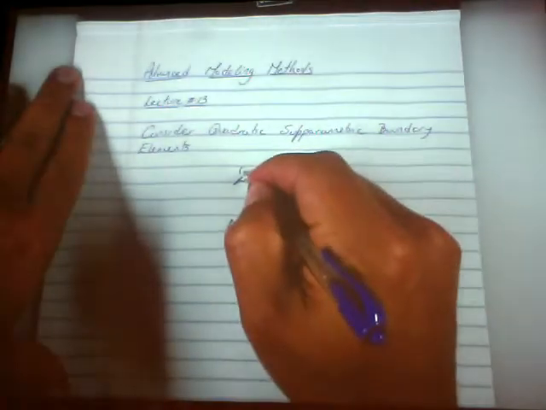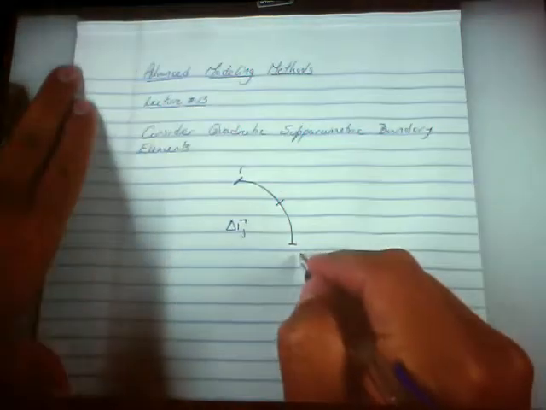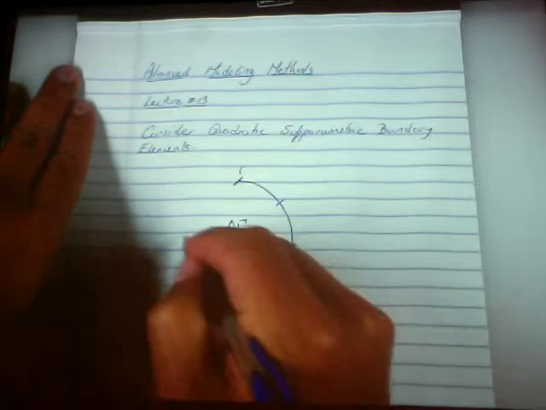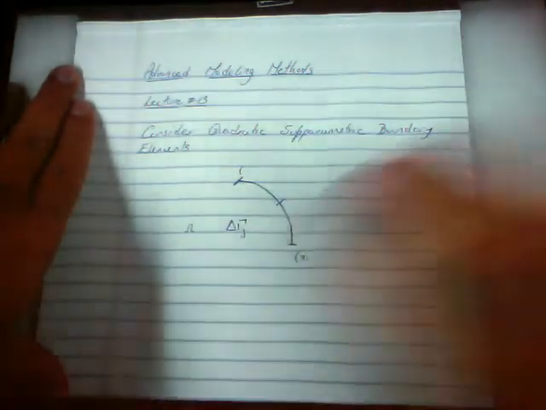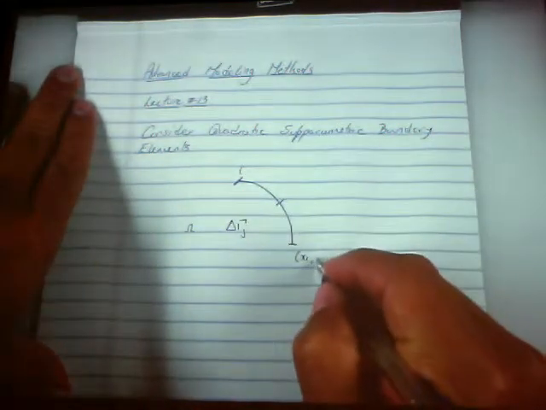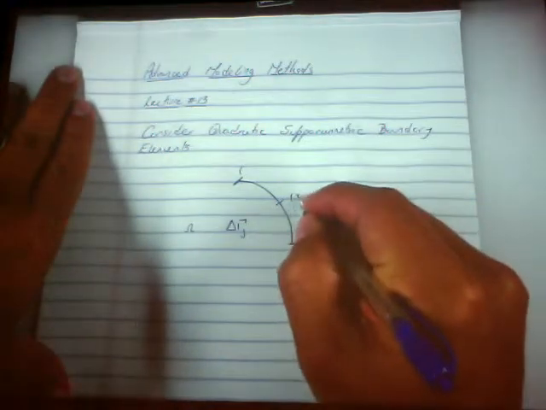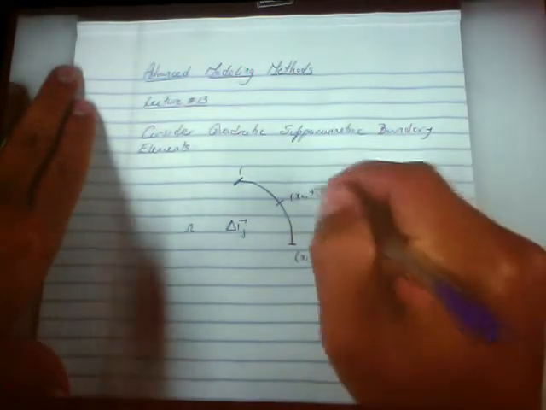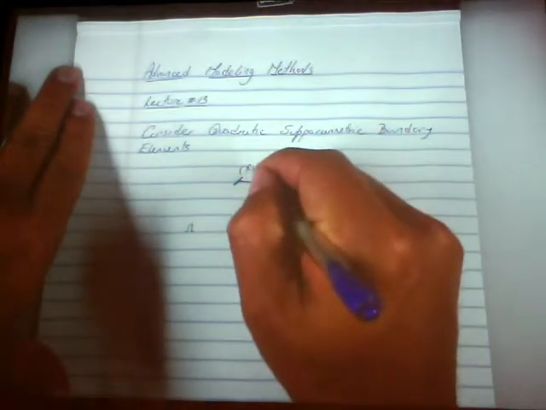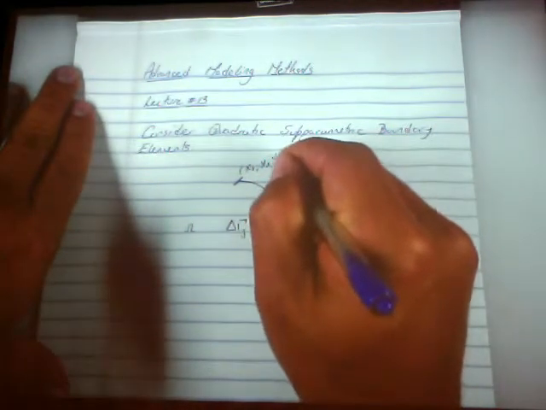This is delta gamma j, so this is element j, and if we're going in that direction, let's assume that this is the domain and this is the outside. This will be x1, y1 of element j, this will be x2, y2 of element j, and this will be x3, y3 of element j.